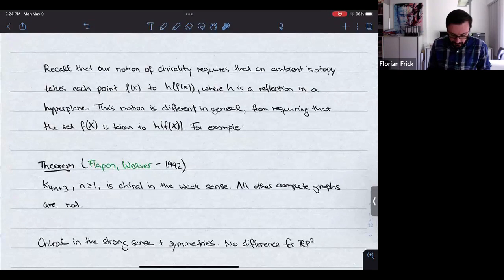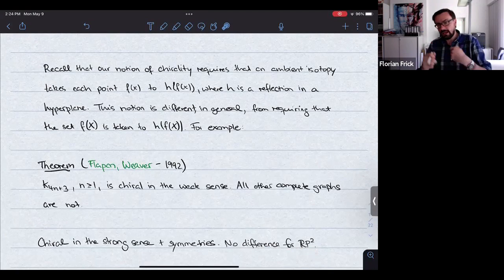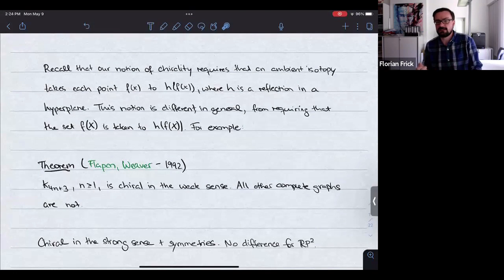So if you are more interested in the weak sense, what you should do is first prove chirality in the sense that I'm discussing, and then incorporate symmetries. That's usually how these proofs go, right? That's how it was proved that K33, for example, is chiral in the stronger sense. And for some spaces, there's no difference. For example, for RP2, any automorphism of RP2 is the identity up to isotopy. So there's no difference whether you incorporate these symmetries or not.